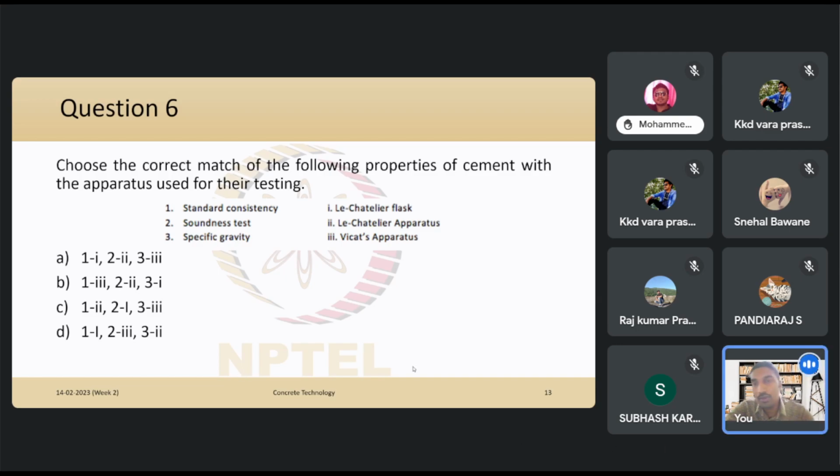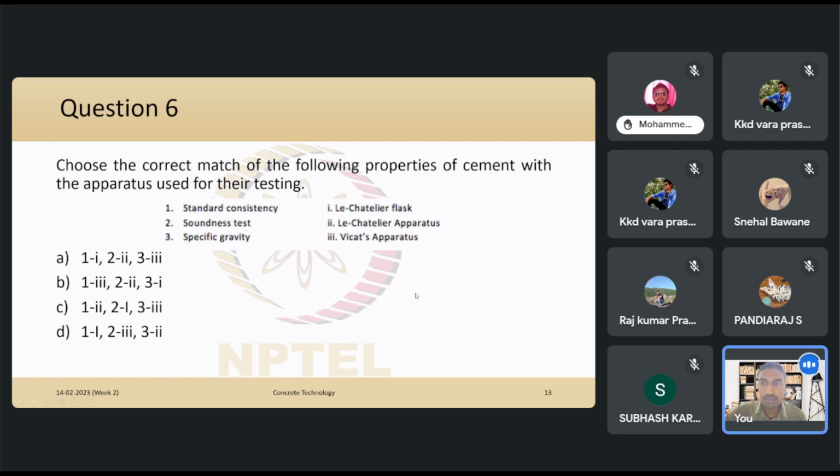Okay, there is only one vote so far for option C. Anybody wants to try before we look at the answer? Okay, so let's look at the answer now.